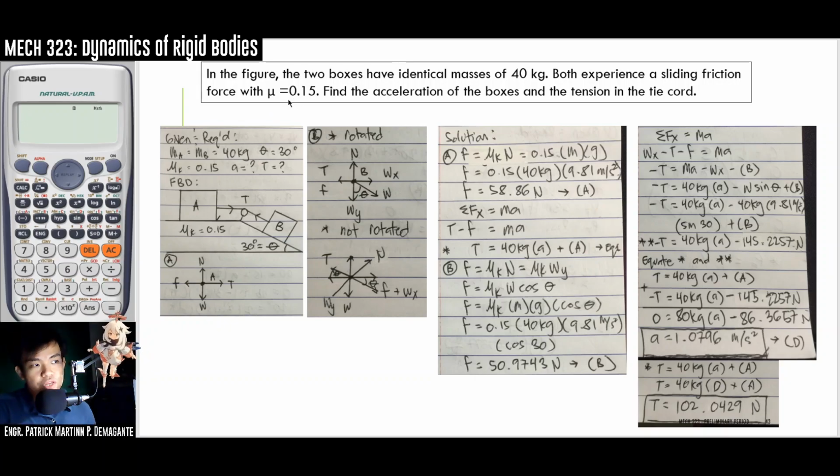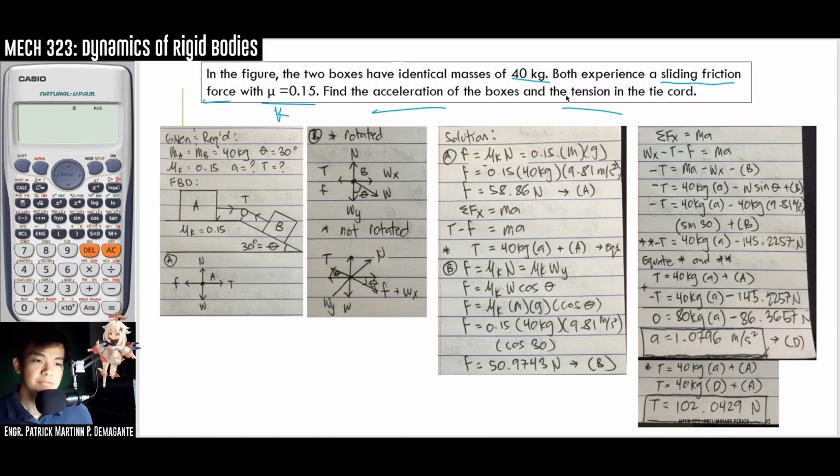So, ito yung keyword natin. No? Sliding friction force, ibig sabihin, yung mu natin ay kinetic. No? What else? Identical masses. Meron tayong 40 kilogram. Then, pinapahanap is acceleration and the tension.